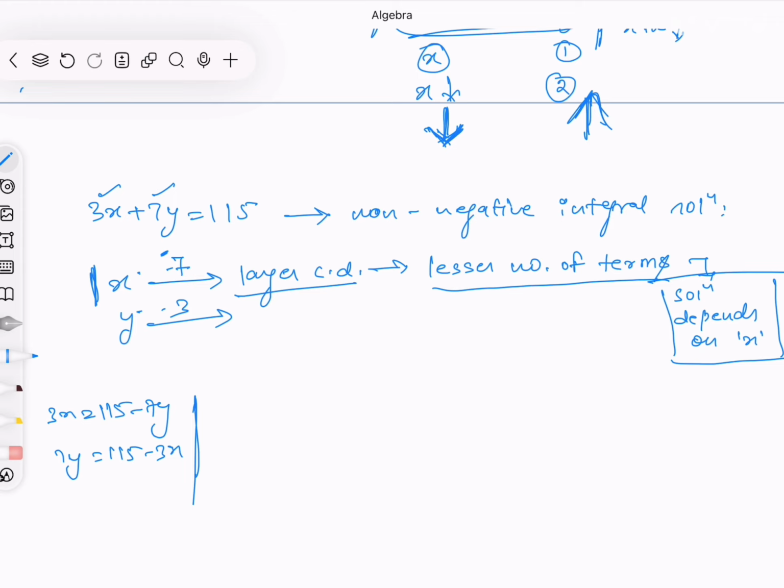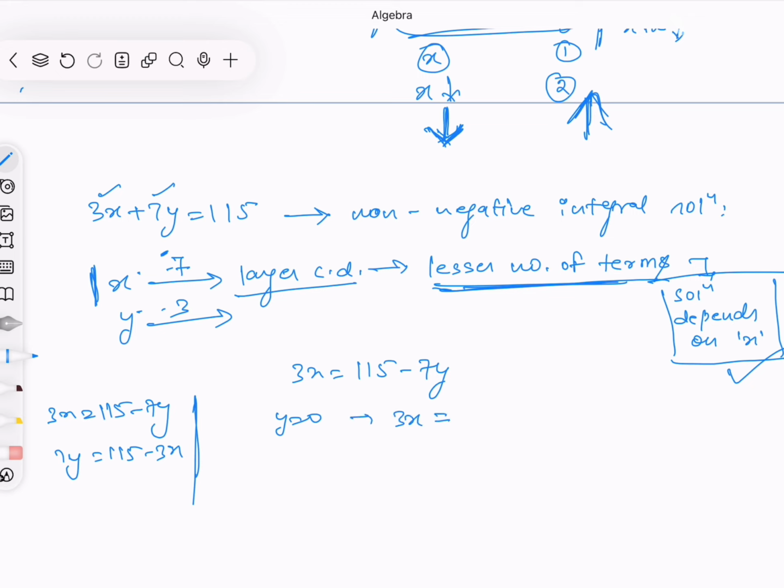So now since the solution depends on x and it has lesser number of terms, the equation is this, right? Let's write it like that. And let's start with y equals 0. So 3x will be, I'm solving it again, you see.